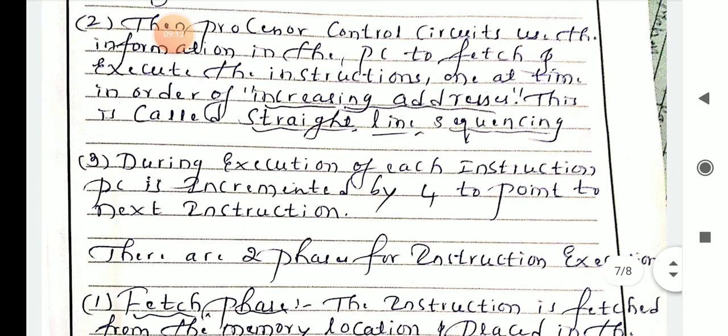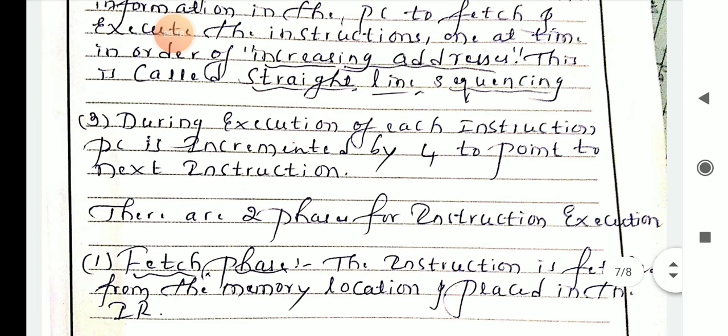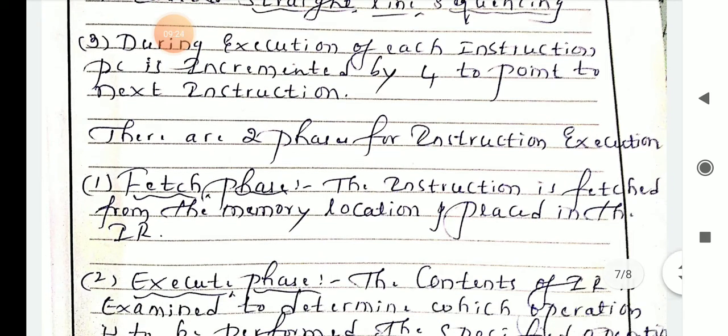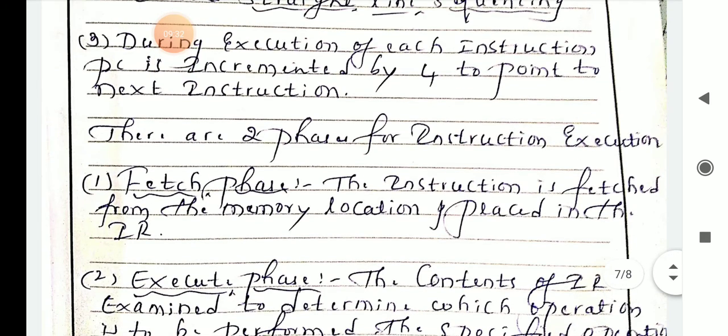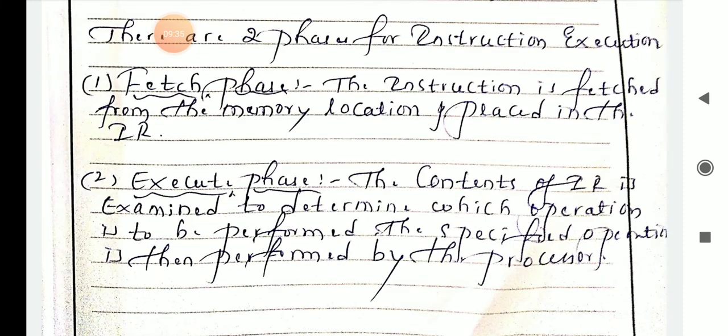During execution of each instruction, the program counter is incremented by 4 to point to the next instruction. So every time you increment by 4 to point to the next instruction. There are two phases of instruction execution. If you want to execute instructions, first is the fetch phase, second one is the execute phase.